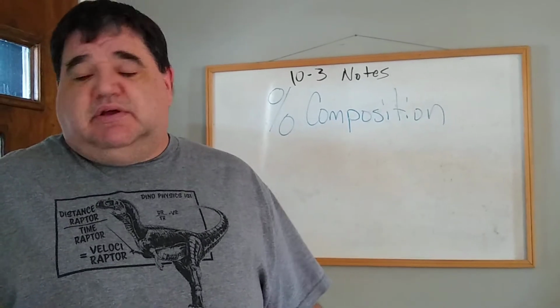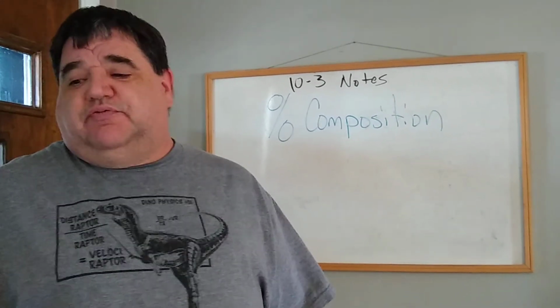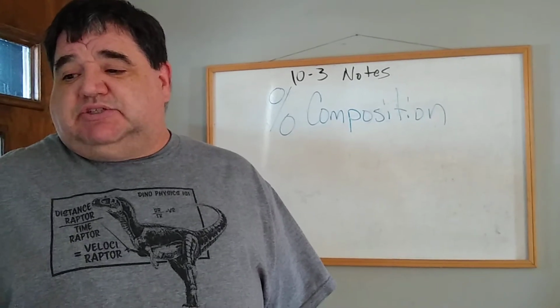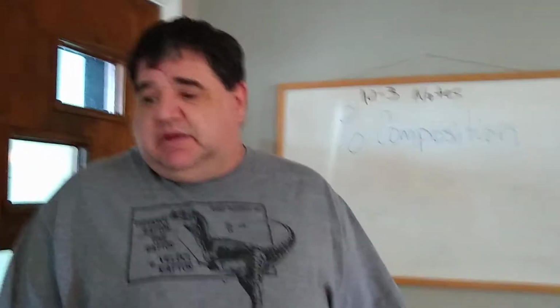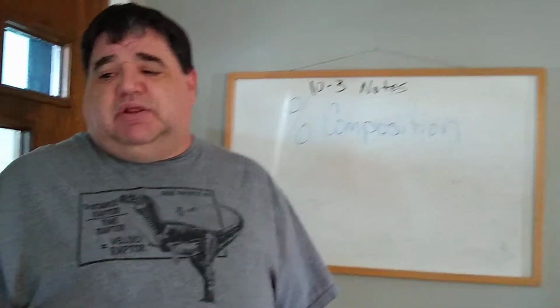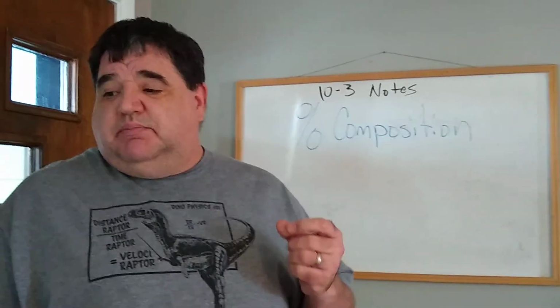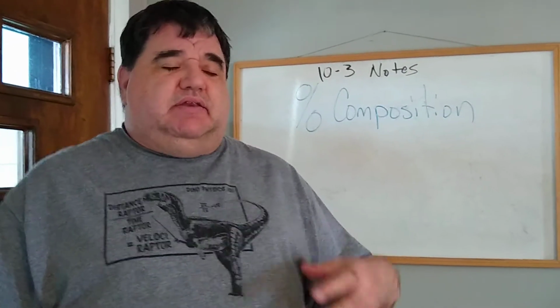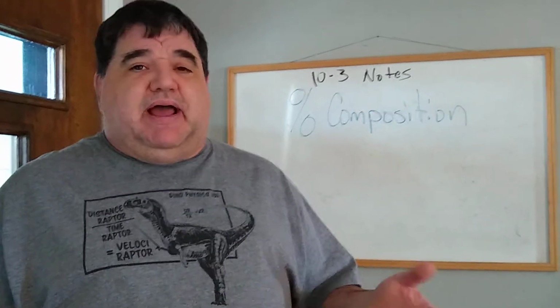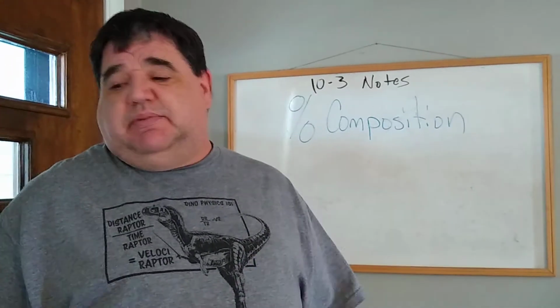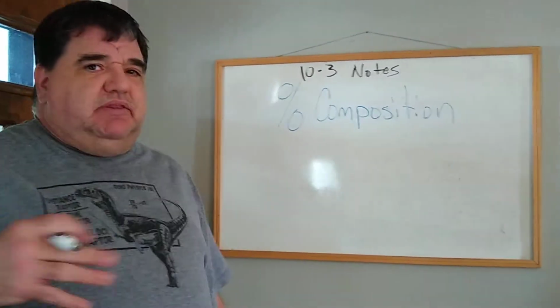Molecular formulas can be derived from an empirical formula. The biggest trick on this one is that first little bullet in your notes: the molar value, or the molecular weight, or the molar mass of the molecular compound, has to be given. It has to be in the problem.